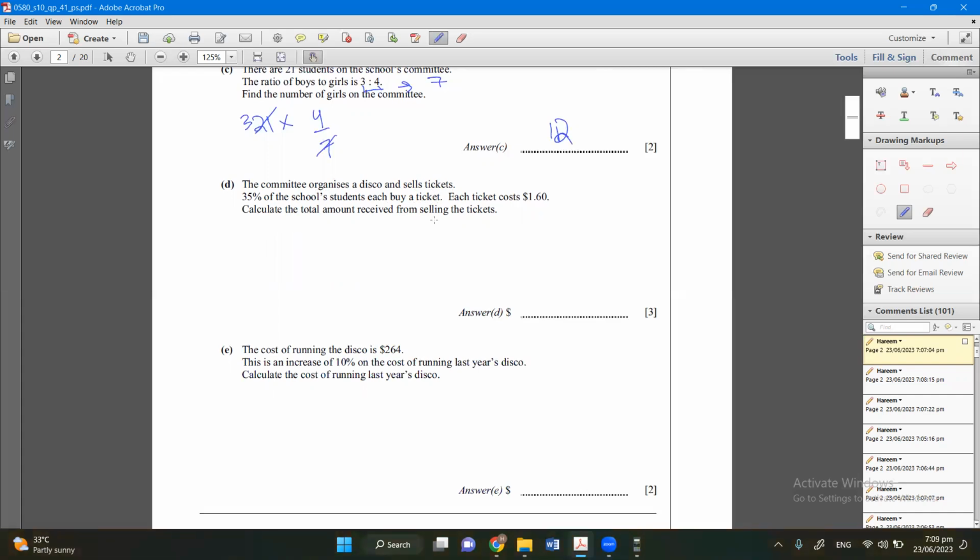The total students of the school, as we have already calculated, are 500, and only 35% of the students bought tickets. Each ticket costs $1.60. Calculate the total amount received from selling the tickets. So they are saying to find the total amount the school got after selling tickets to 35% of the students at the cost of $1.60. Okay, so we will write it. It's a 3 marks question.